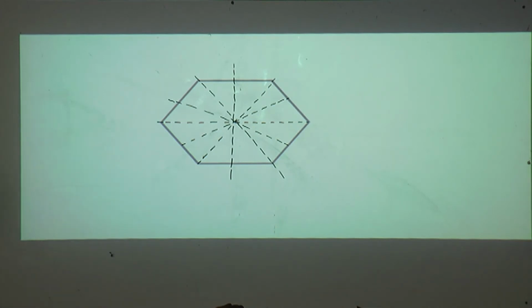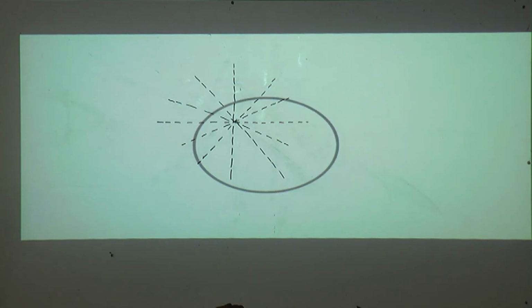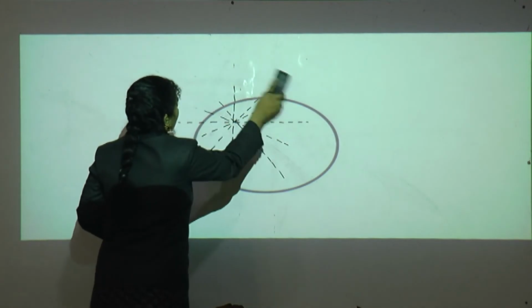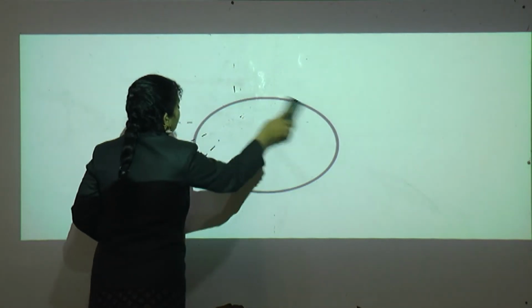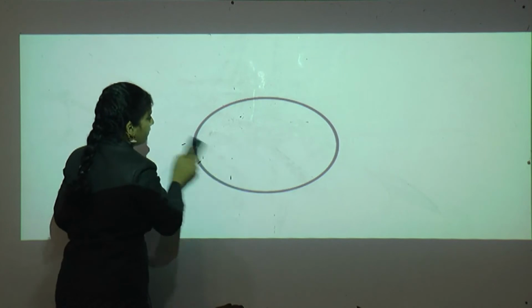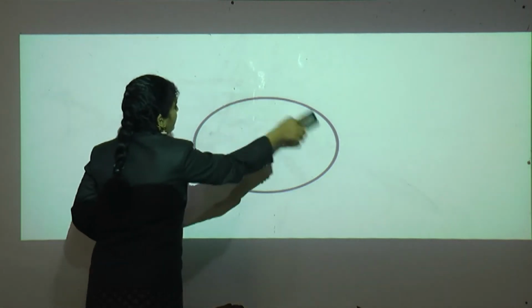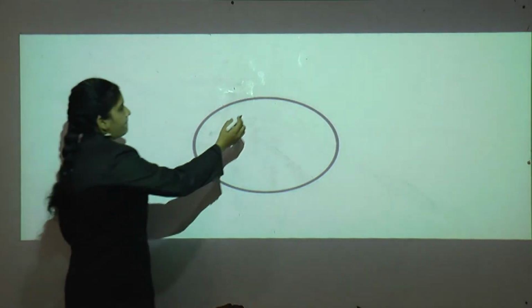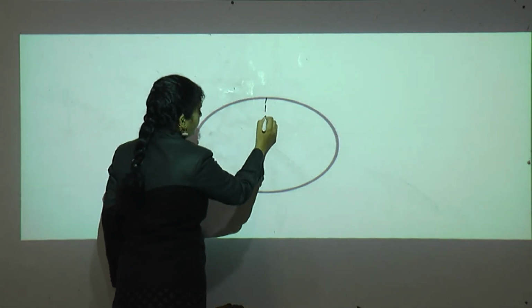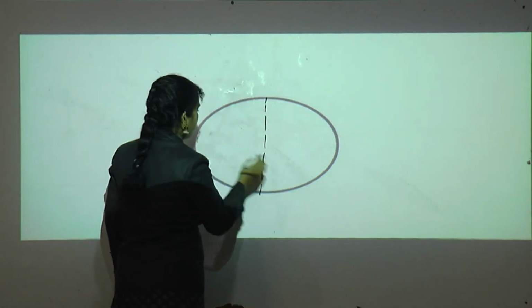Now students, tell me, this is a circle, isn't it? Now, how many axes of symmetry does the circle have? Can anybody tell me about this? Yes, circle has infinite axes of symmetry. No matter how we draw the lines, because see, if we draw, we'll get two equal parts.